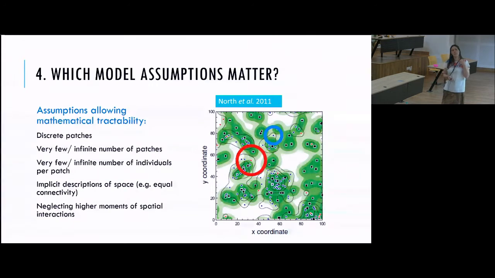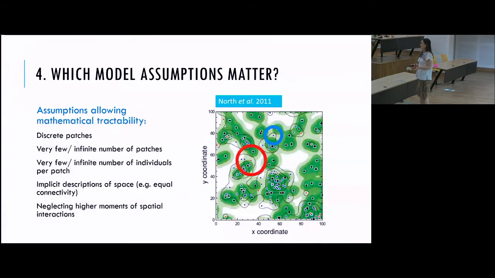Now, to try to understand the evolution of dispersal, there has been a lot of theoretical work, and this theoretical work was based on different models with different assumptions. People got interested in the evolution of this trait very early on, when we didn't have very fast and powerful computers.